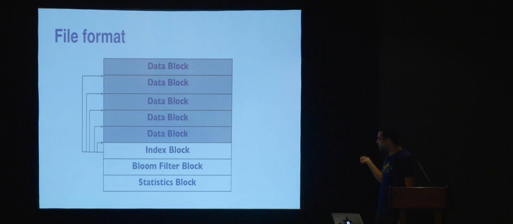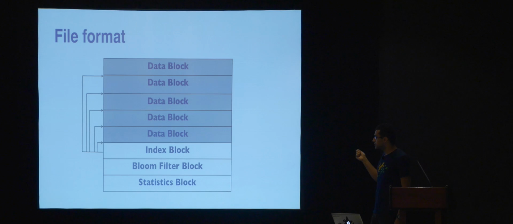We also have a Bloom filter block. Bloom filters are a probabilistic data structure, to which you give a set of keys, and they generate a low memory structure, which you can ask, does my key exist in this set or not? And they will answer with either no, your key definitely does not exist here, or yes, your key may exist here.